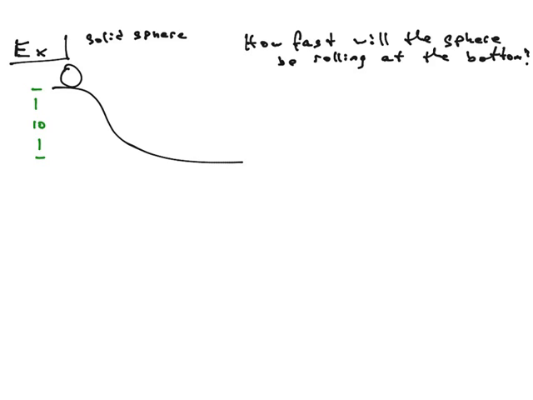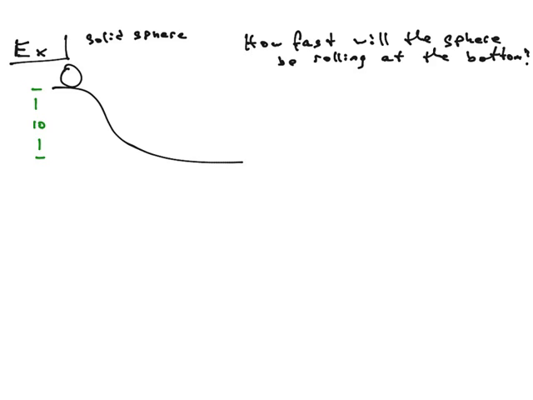Okay. Now, firstly, it seems like there's not very much information given in this question. All I know is I have some hill, the shape of which I don't know anything about. All I know is I start 10 meters up in the air, and eventually I get down to the ground. Maybe there's bumps, maybe there's wiggles, I don't know any of that.